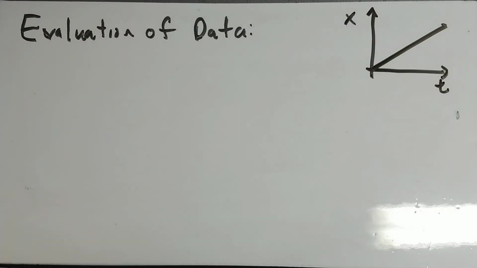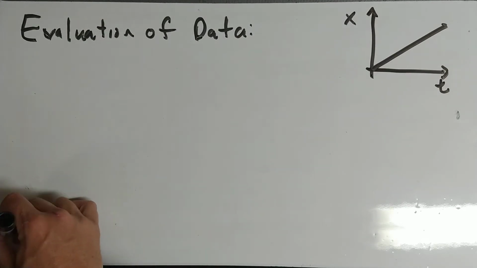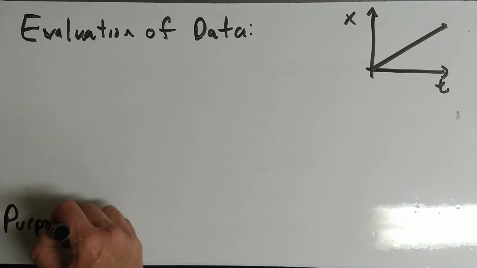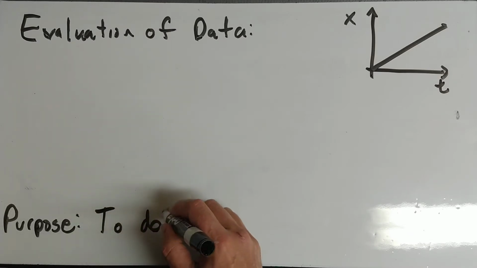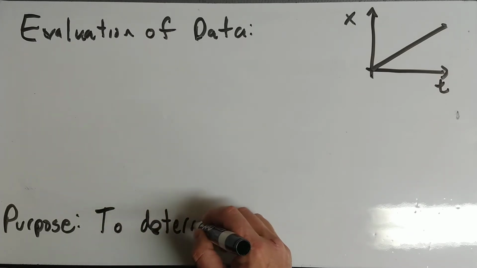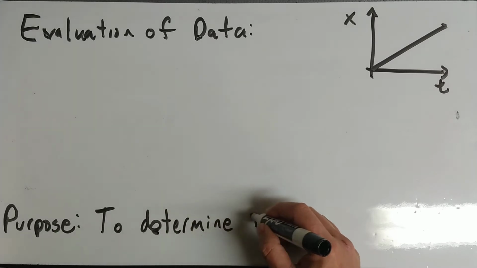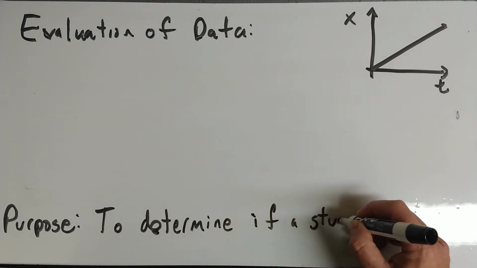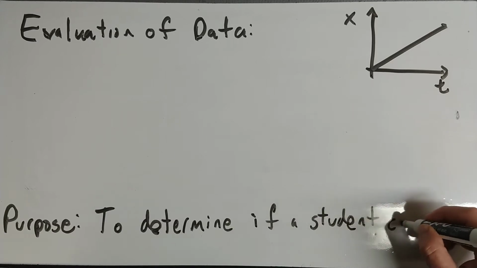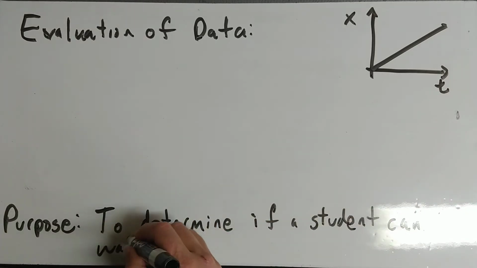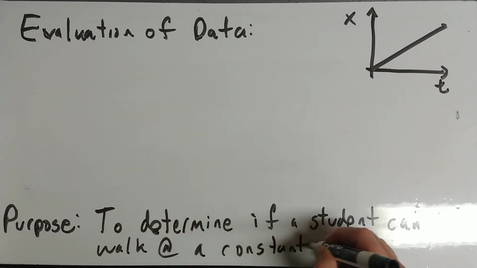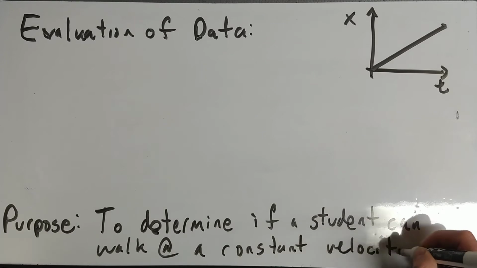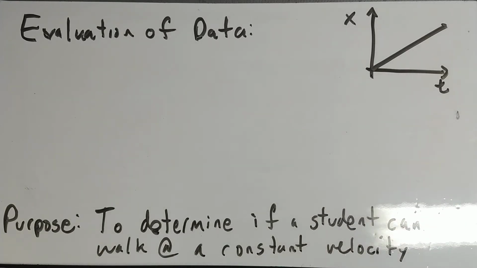Now, I don't know if you remember or not, or if I really clearly said this or not, but the purpose of the lab, you should record this somewhere, was to determine if a student can walk at a constant velocity. All right, determine if a student can walk at a constant velocity.